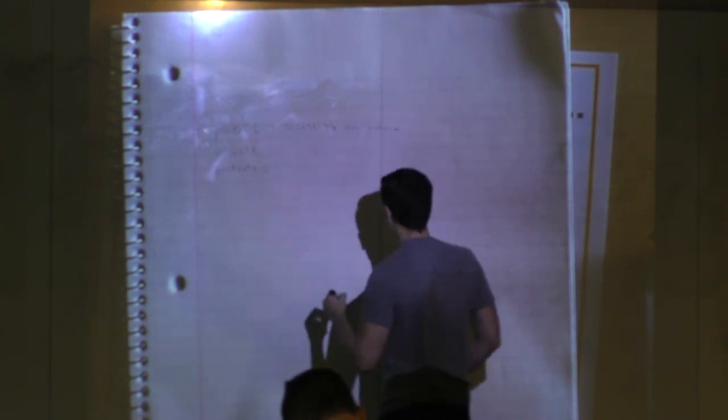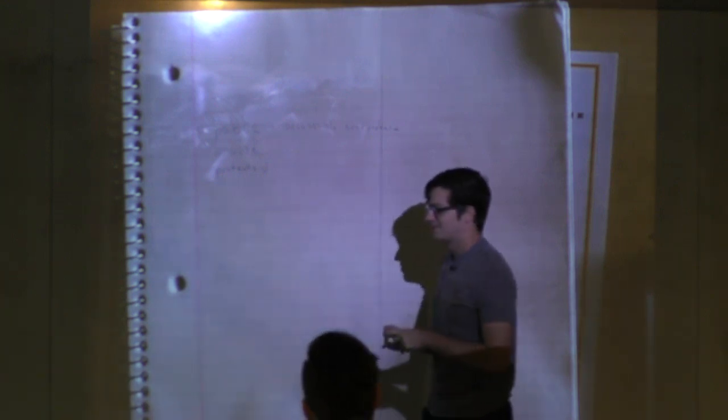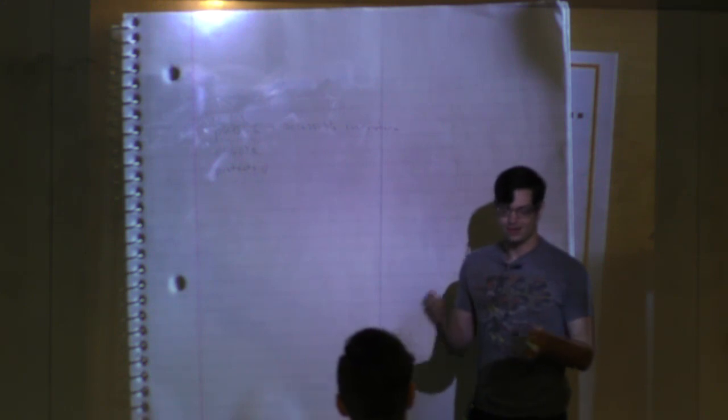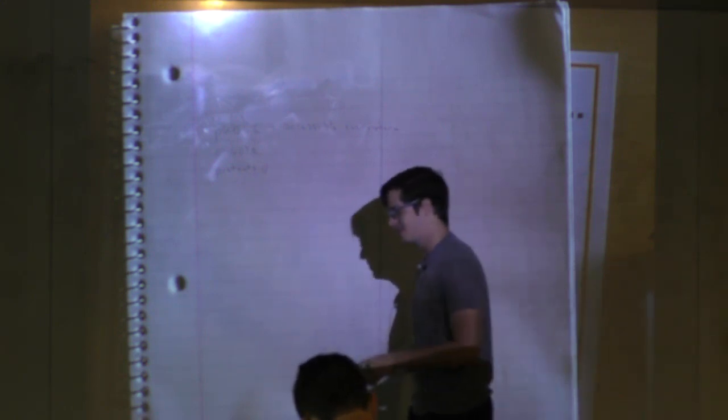A method or a variable that is public can be accessed from anywhere in your program, like from outside of the class that it was made in, inside the class that it was made in. It doesn't matter. It's public.